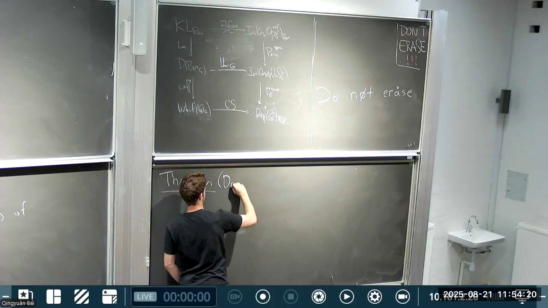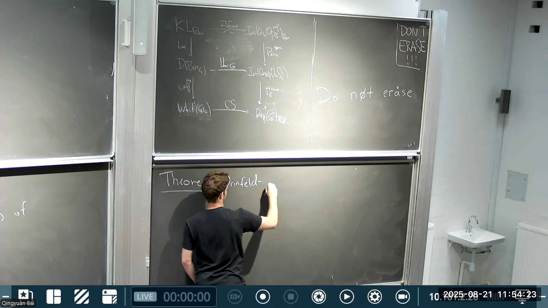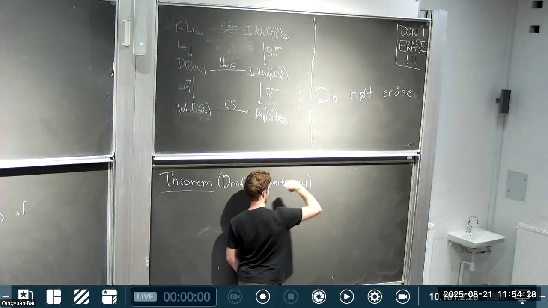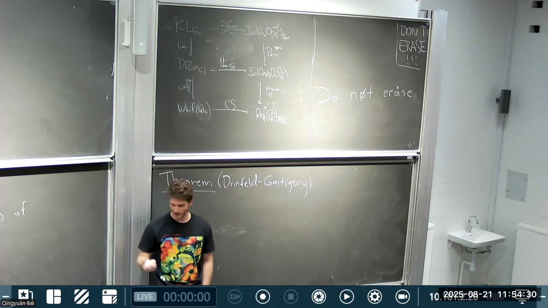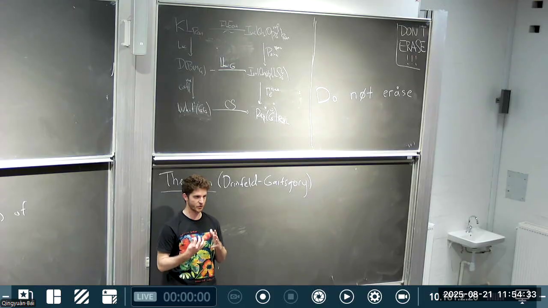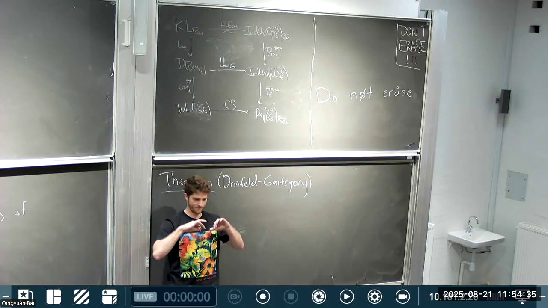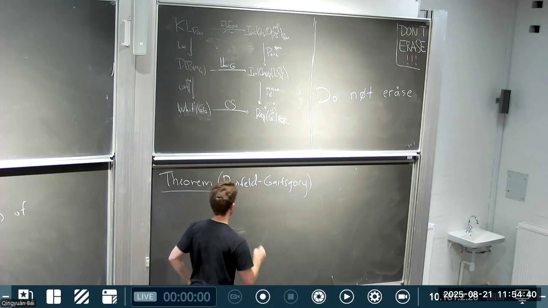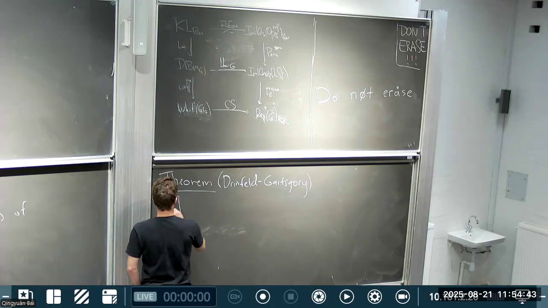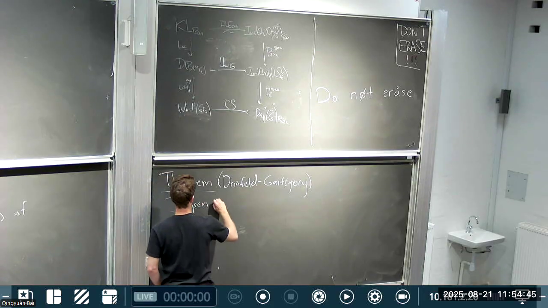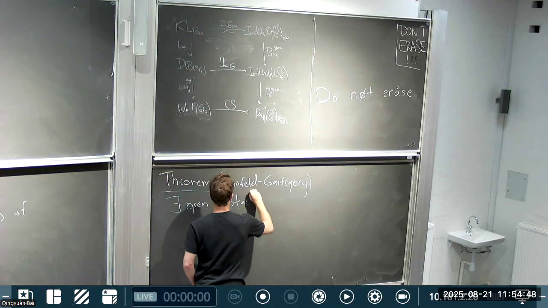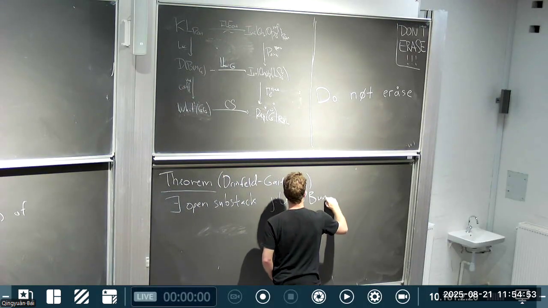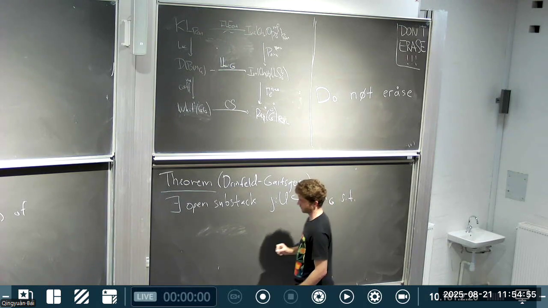This is a relatively straightforward generalization of something that already occurs in the theory of automorphic forms: these cuspidal objects are compactly supported in a very strong sense. Not only are they individually compactly supported, but they're uniformly so. What I want to say is that there exists an open substack U such that the following holds.